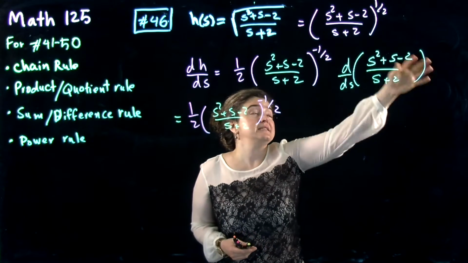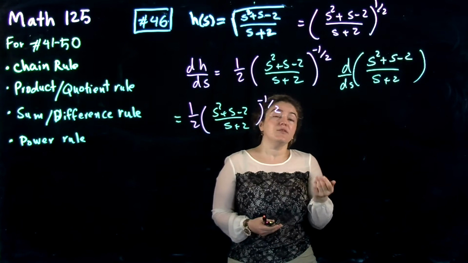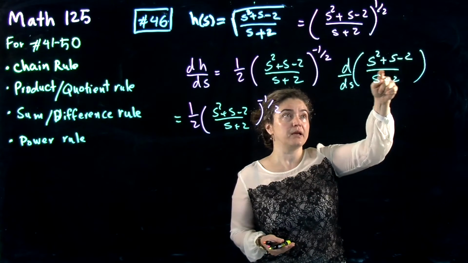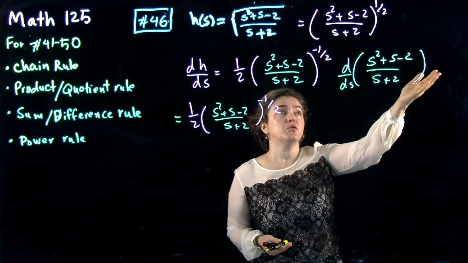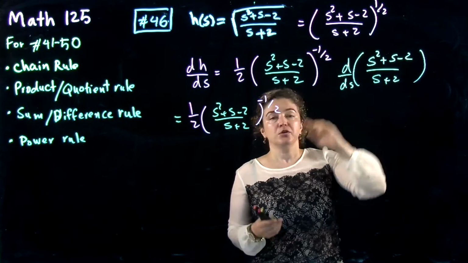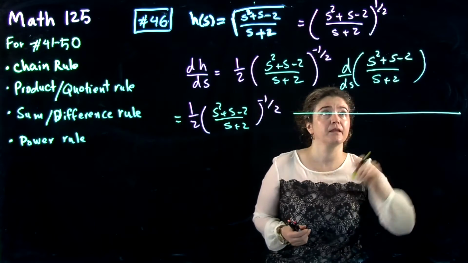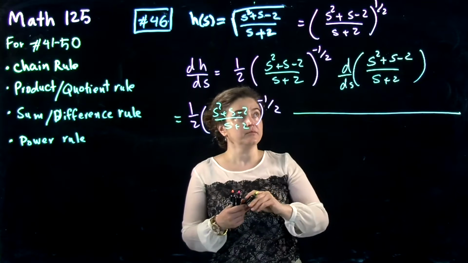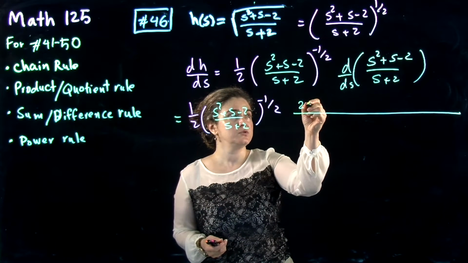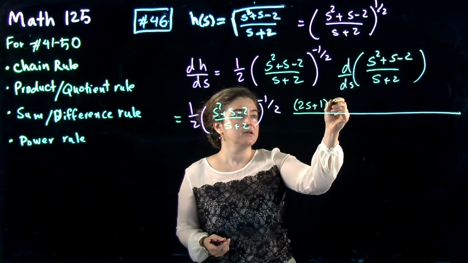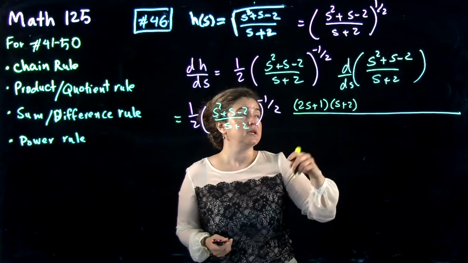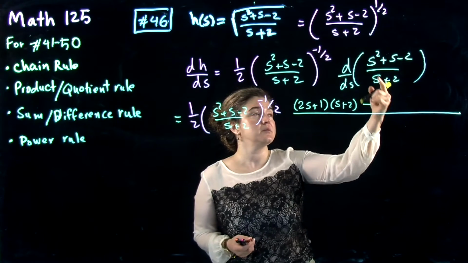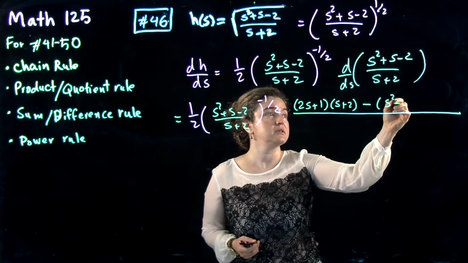The next step is this derivative. The first thing that I see is the fraction line. Therefore, I have to use the quotient rule. Quotient rule tells me a derivative of top times the bottom, 2s plus 1 times the bottom, minus top times the derivative of bottom in parentheses.